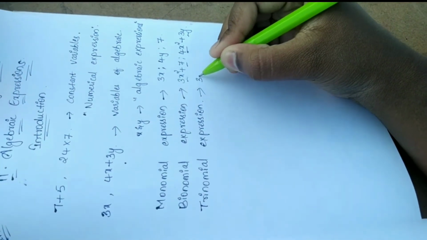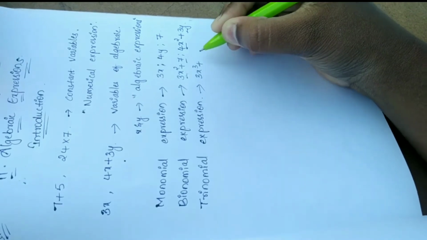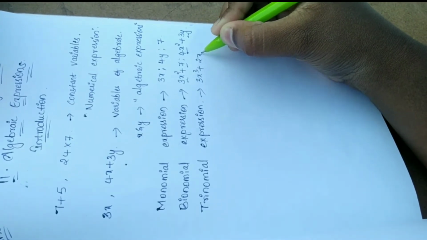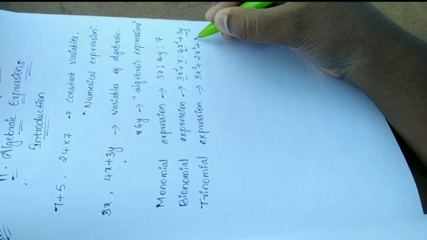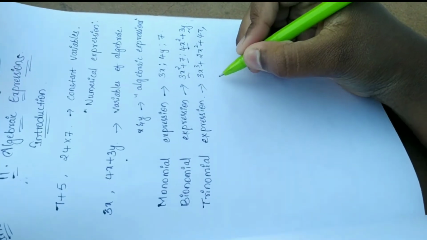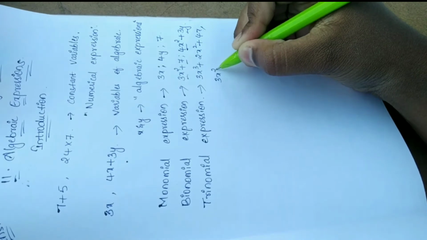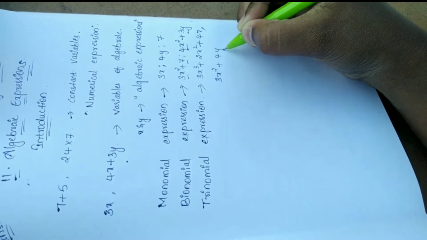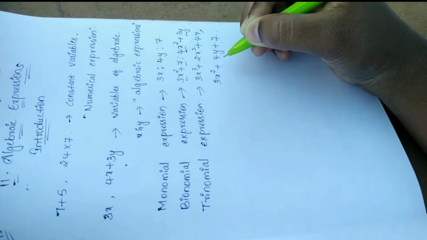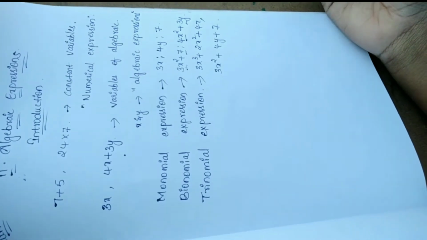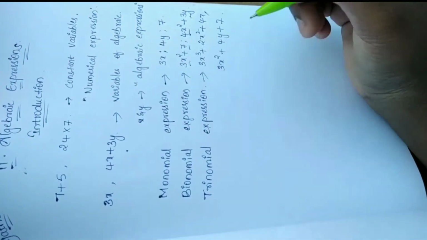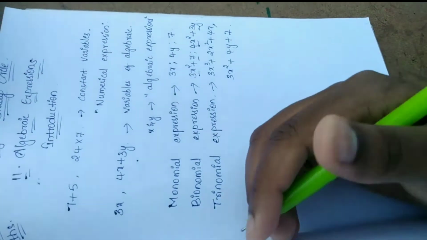For example, 3x cube plus 2x square plus 4x or 3x square plus 4y plus 7. It has three terms, so this is known as trinomial expression.